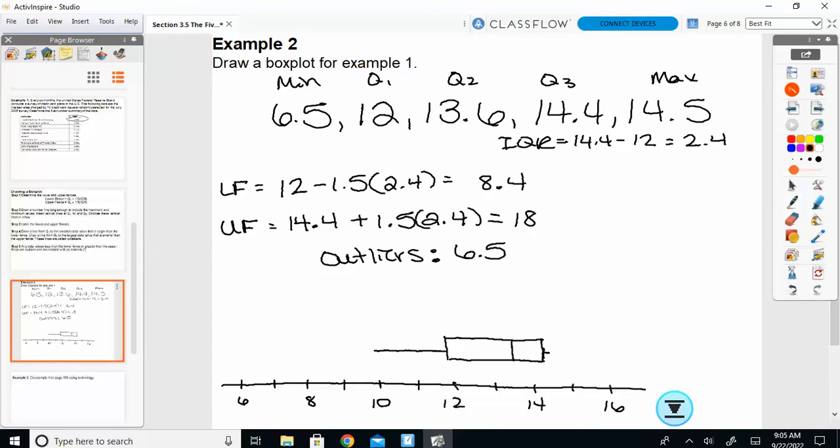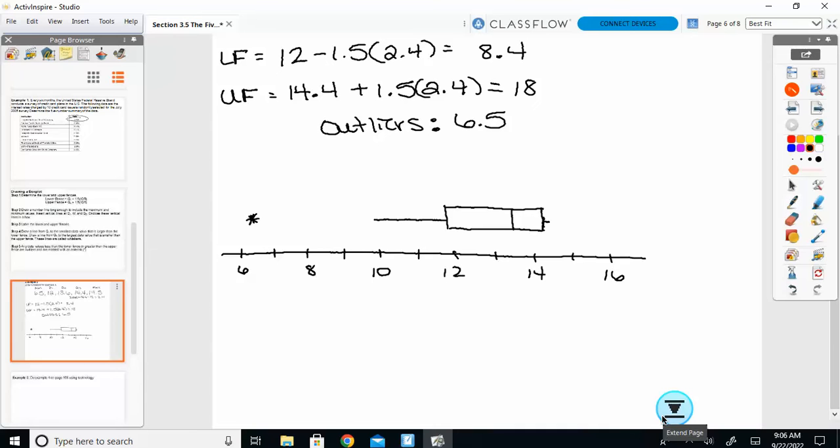All right, which is just barely bigger than where I'm at. Okay, then I did have an outlier. How do I mark that? 6.5, put my asterisk. All right, so that's my box and whisker.